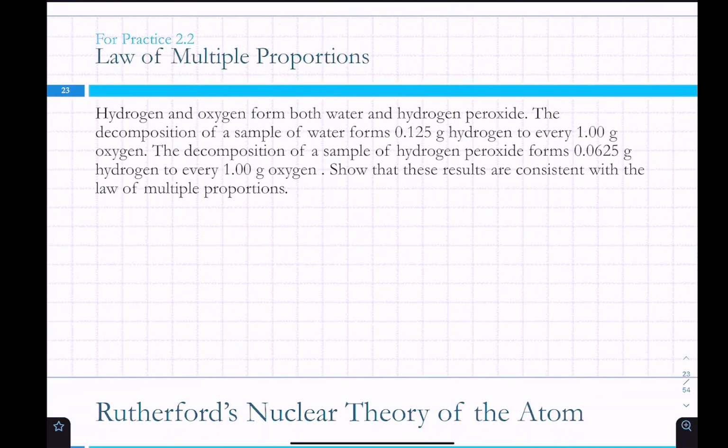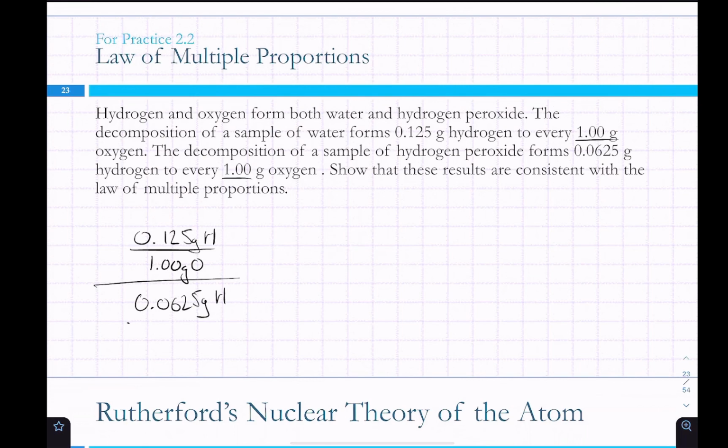So for this, it's a similar thing, and very conveniently given 1 gram of oxygen for each, so that makes the ratio easy. So 0.125 grams of hydrogen per every 1 gram of oxygen, divided by the 0.0625 grams of hydrogen for every 1 gram of oxygen.